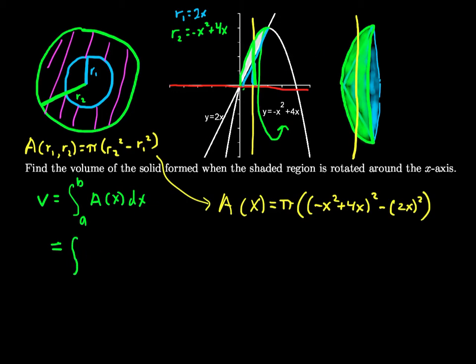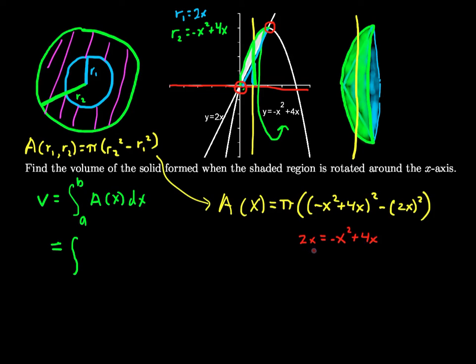Now let's talk about the limits. We can see that they meet here at 0, 0. So I'm trying to figure out where the two functions intersect. I want to make both of these equal to each other, so I want to find where 2x is equal to negative x squared plus 4x.